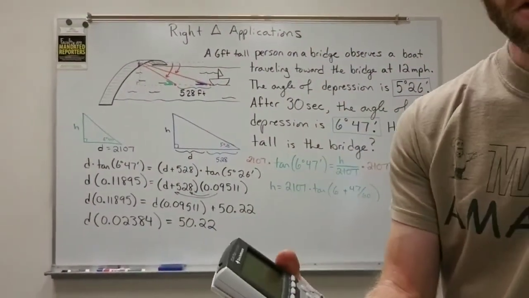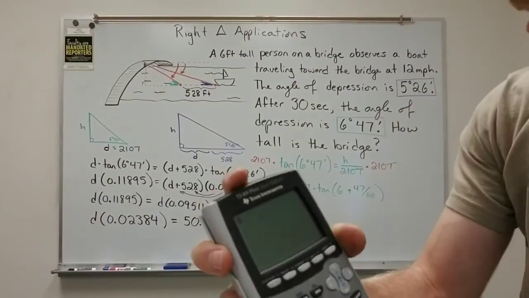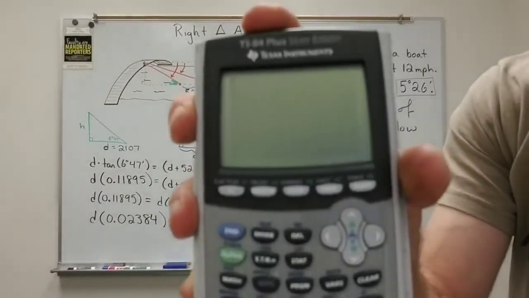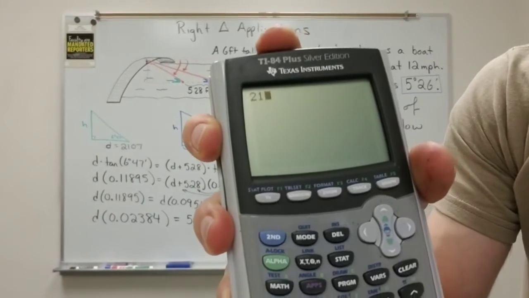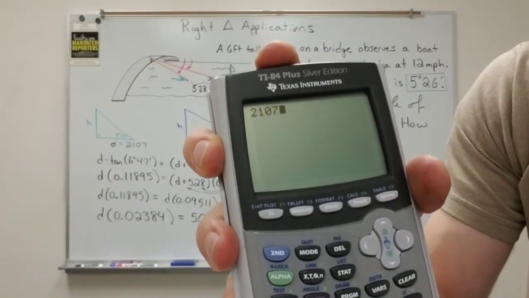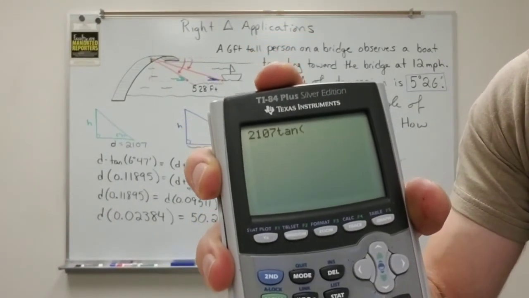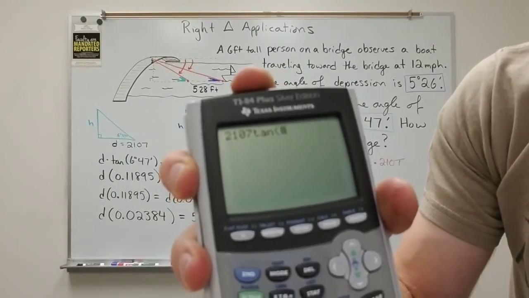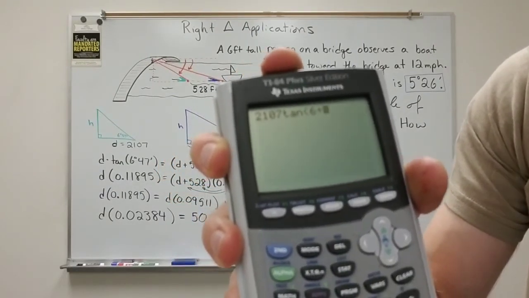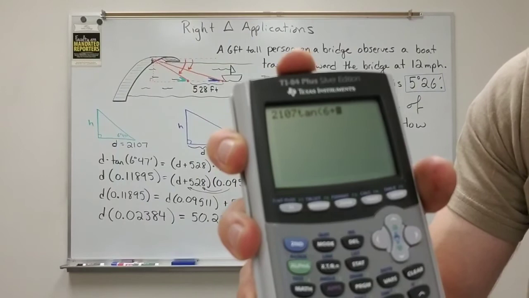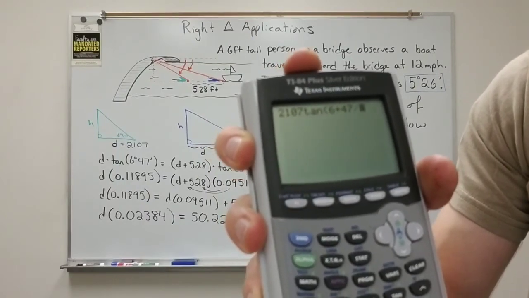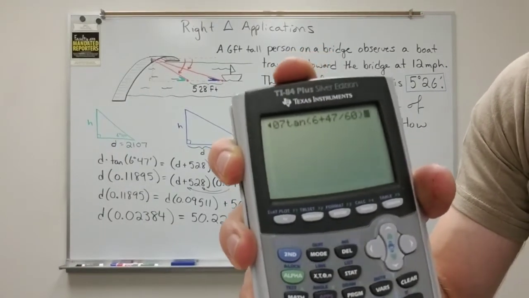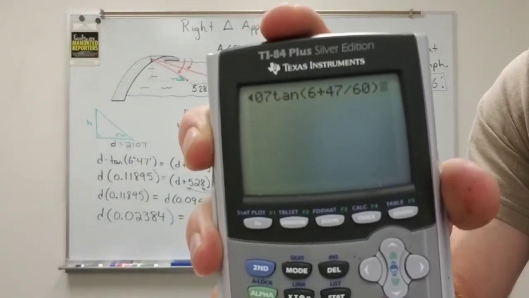So I'll go ahead and show you how that types in. So that's 2107 tangent of 6 plus 47 over 60. All right, so hopefully that looks good.